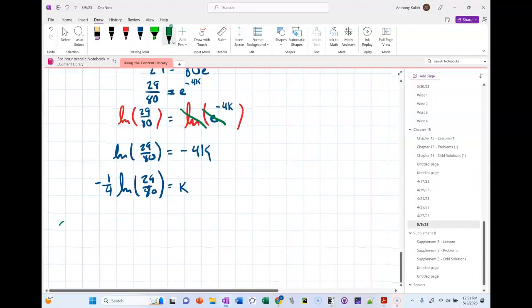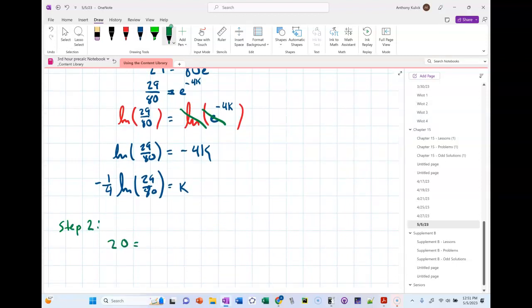Now we're on to step 2. So here we're going to say 20 is equal to 16 plus (96 minus 16) e to the negative 0.25, yada, yada, yada, t. That's my value for k.